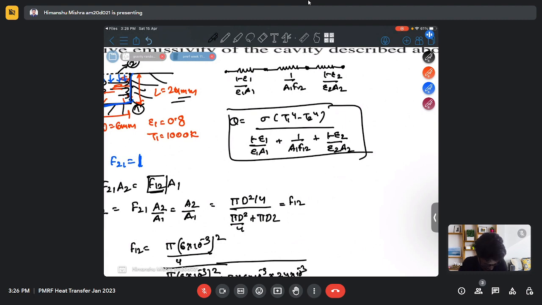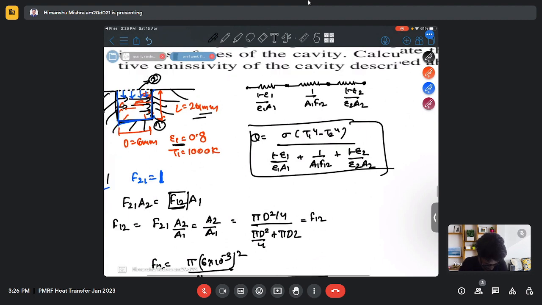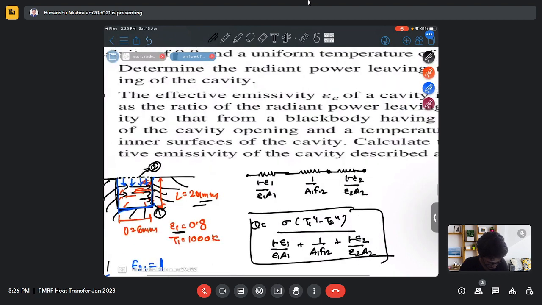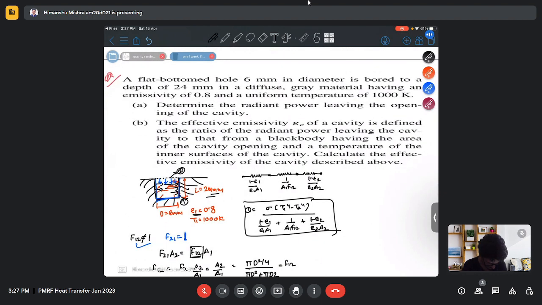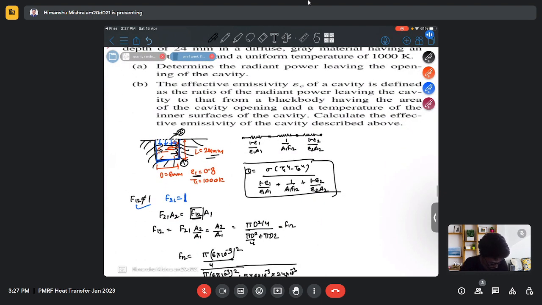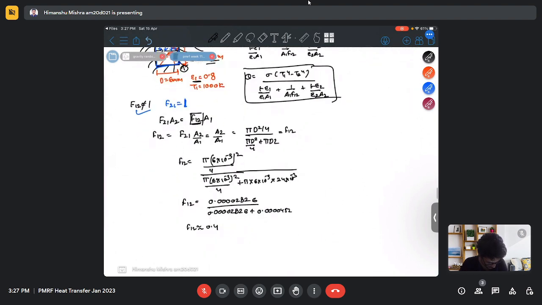So my epsilon 1 is 0.8, and my epsilon 2 will be 1 because there is no surface. The surface is imaginary, so my epsilon 2 will be 1.